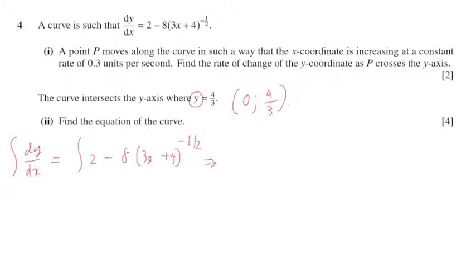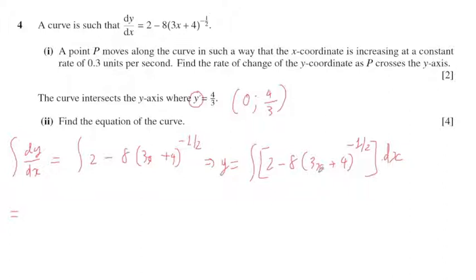Or another way to write it down: y will be equal to the integral of (2 minus x)(3x plus 4) to the power of minus 1 divided by 2, dx. Okay, integration technique.